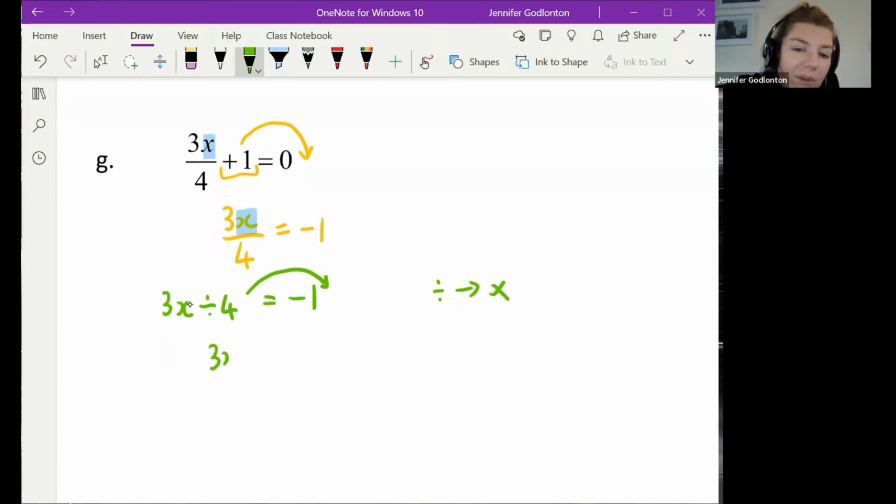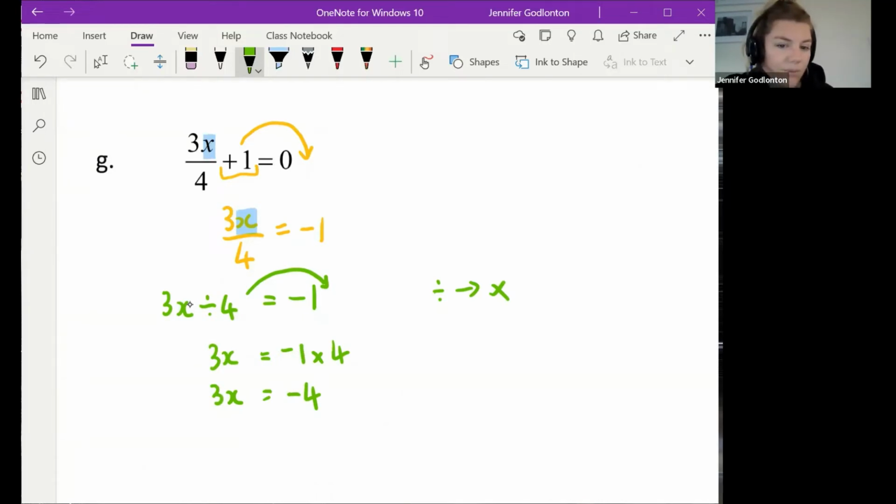So we're going to keep the 3x on the left-hand side. And when that 4 jumps over, instead of being divided by 4, it's going to be times by 4. So we're going to have 3x is equal to -1 times 4, which is -4. So that's our first step, which is just taking our 1 over.